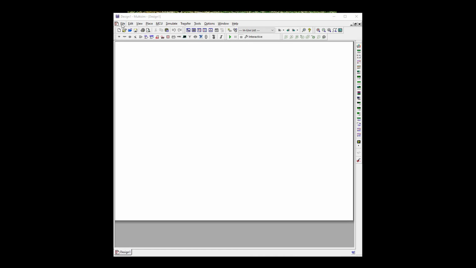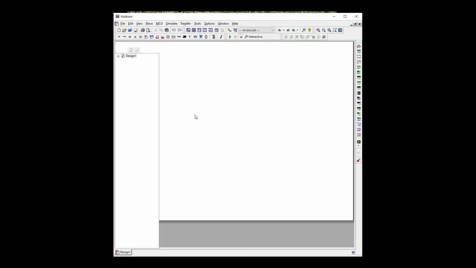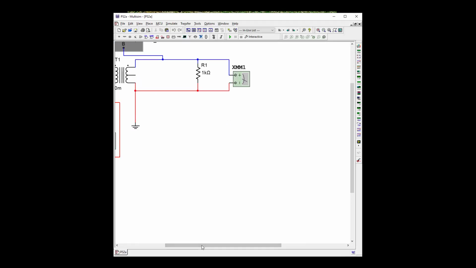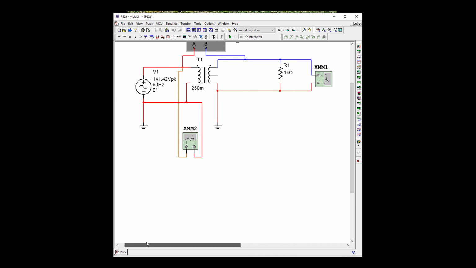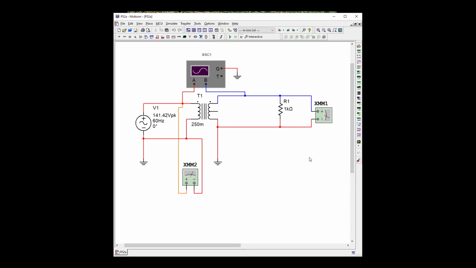Okay, let's open up our transformer files. And here we have a transformer circuit, and we are going to compare our voltages with a DMM and an oscilloscope.